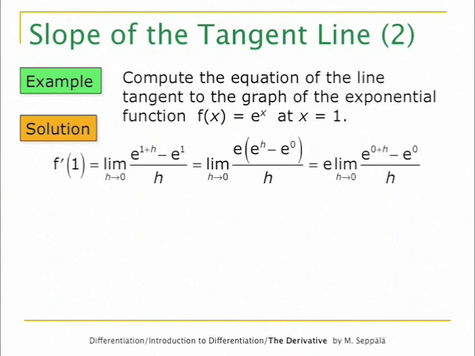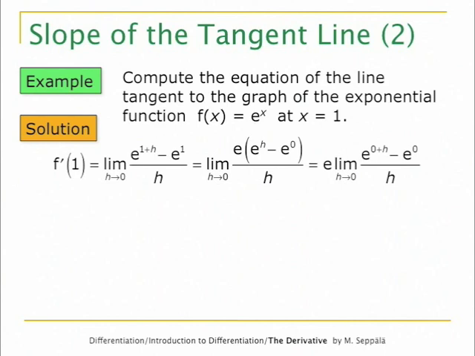To compute the derivative of f at 1, observe that this derivative is, by the definition, the limit as h approaches 0 of the expression e to the 1 plus h minus e to the 1, divided by h. Now, e to the 1 plus h is e times e to the h, and e to the power 1 is simply e times e to the power 0.